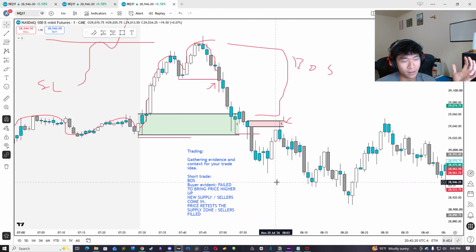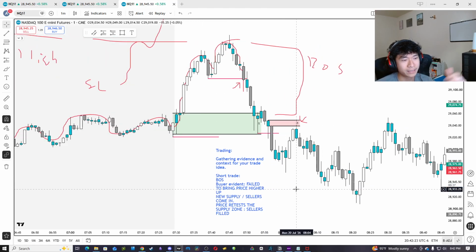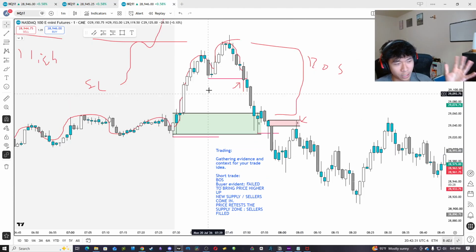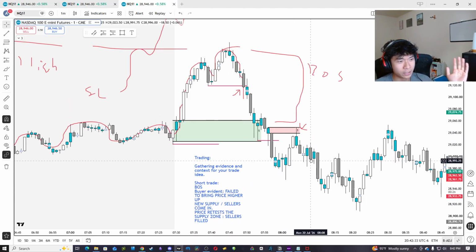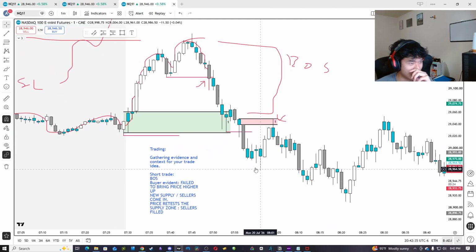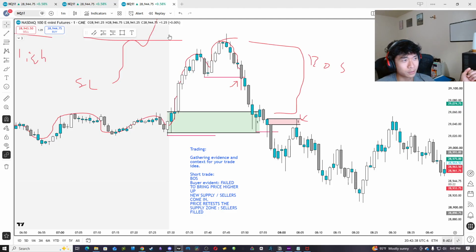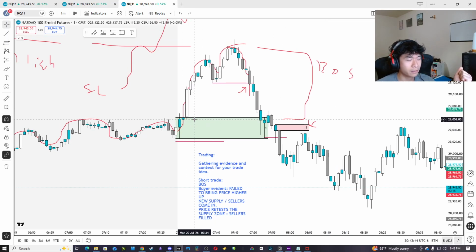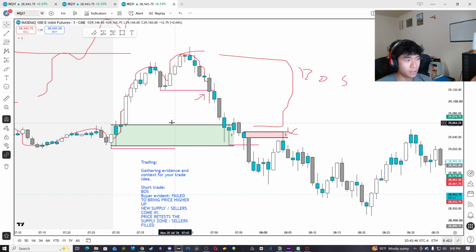When you combine all this context together, that's how you get these high probability trades where it's not just guessing, it's not just luck, it's not gambling, it's none of that. Because you're waiting for that perfect opportunity that you can join in. Sometimes you won't get this perfect opportunity where you see a break of structure and then a new supply zone print and then a demand zone get flipped, buyers get trapped.